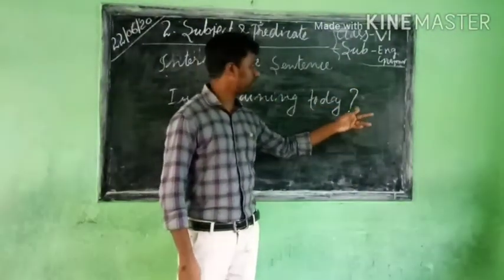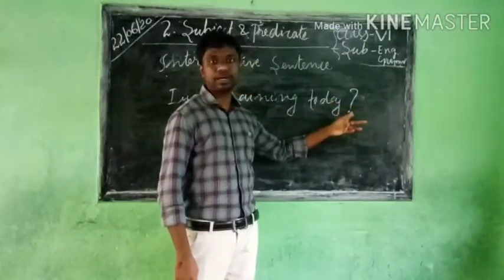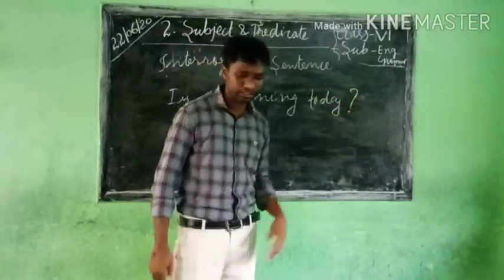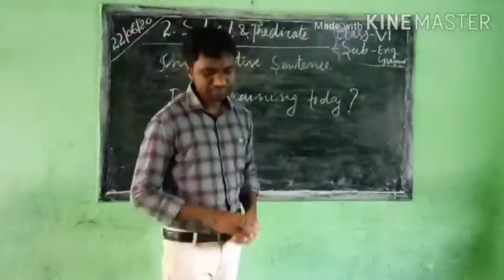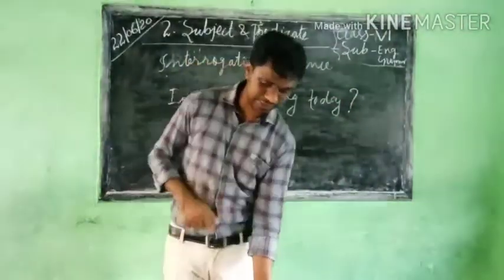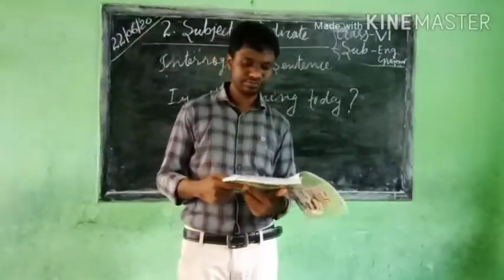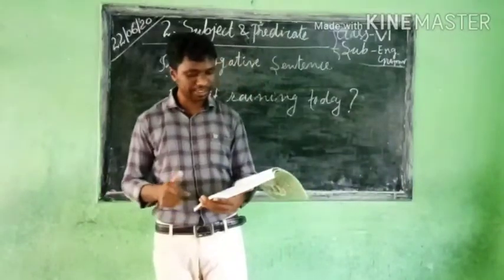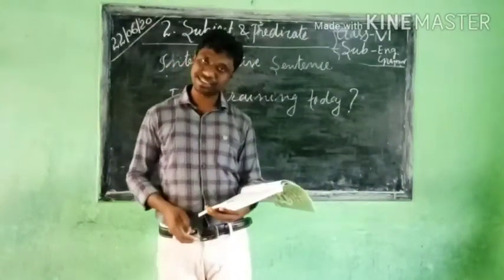This punctuation mark is called the question mark. Here we see in an interrogative sentence the subject follows the auxiliary verb. For example, does Maya need another blanket?